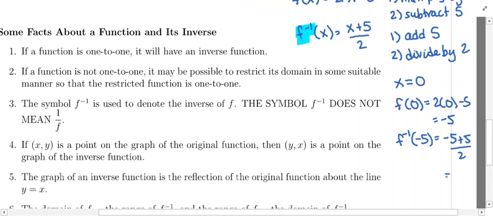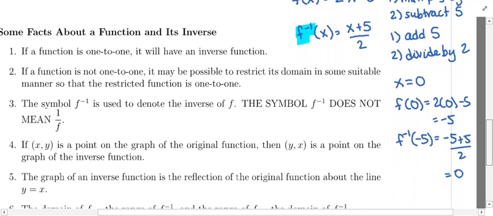That's going to be 0. It brings me back to where I was. Basically, if I start with an input of 0, the original function spits out an output of -5, and then if that output -5 is put into the inverse function, out comes the original x value 0. It gets sent back to itself. So it undoes what the original function did.